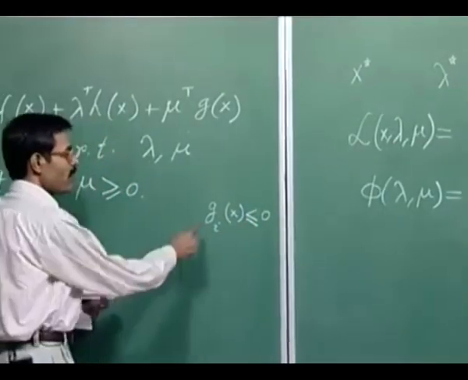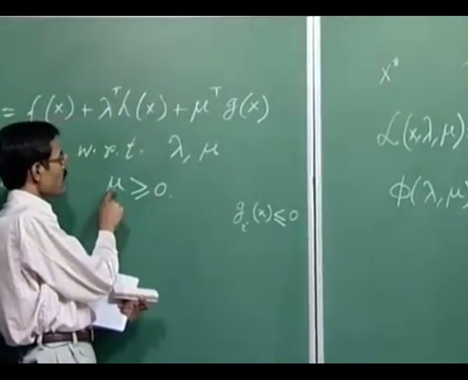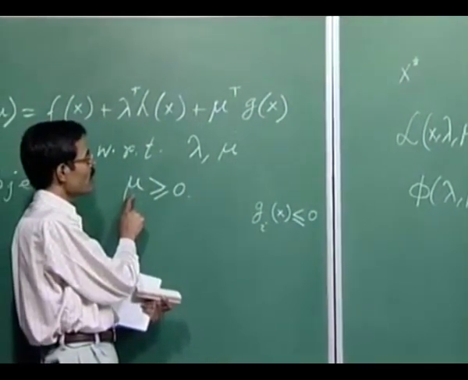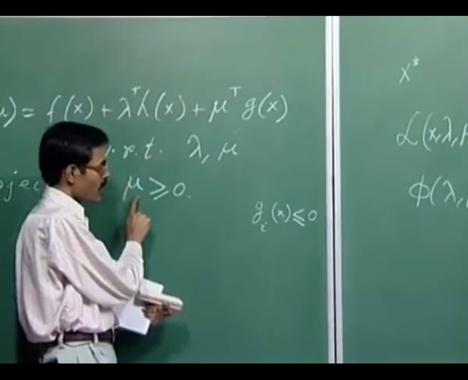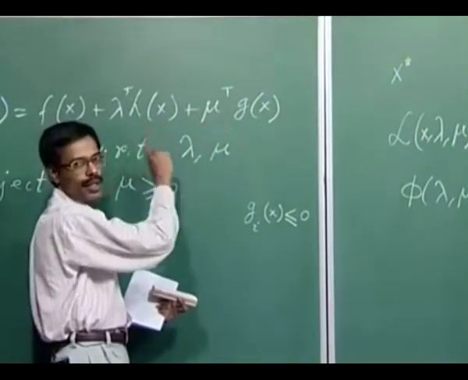Now, see that if a gi is negative, then giving a positive value of mu will reduce this function value, which we do not want. This is a maximization problem.